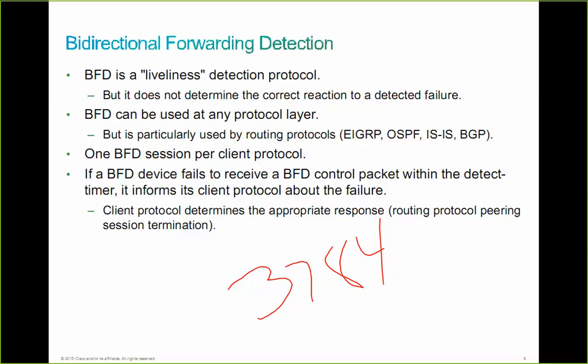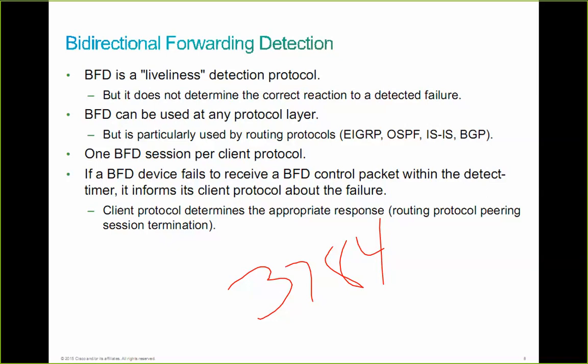So BFD on each router forms something called a BFD control packet. These packets are sent at a minimum of every 1 second, in 1 second intervals, until there's a BFD session established between the 2 routers.